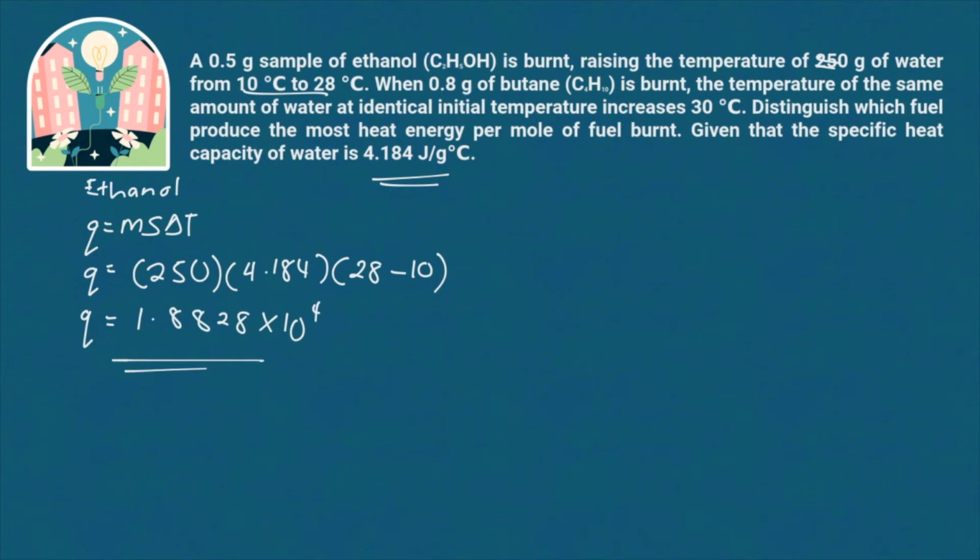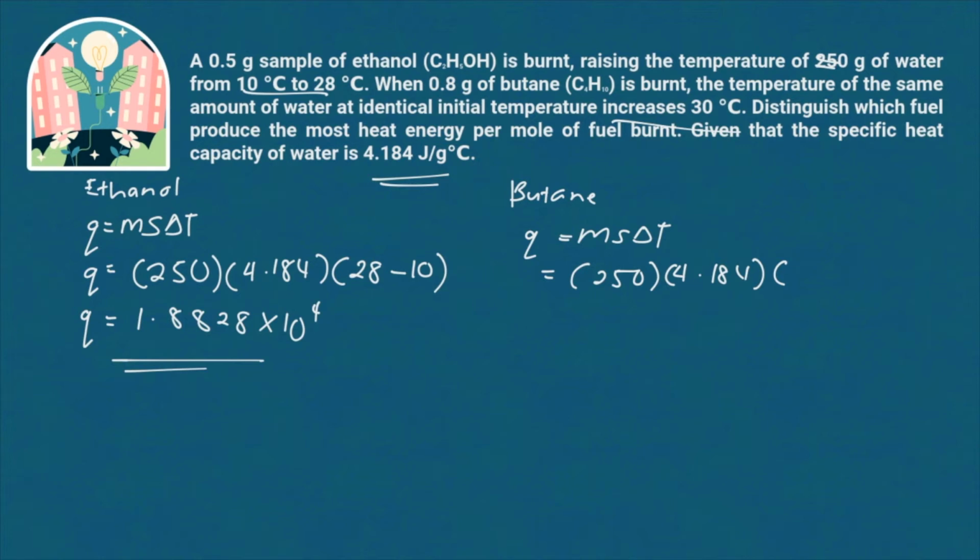So we are going to do the same thing for butane. We are going to use the same formula, Q equivalent to MS delta T. The mass for water is 250, doesn't change, and the S is also 4.184. But what is delta T? See here, it states that it increased 30 degrees Celsius with an identical initial temperature.